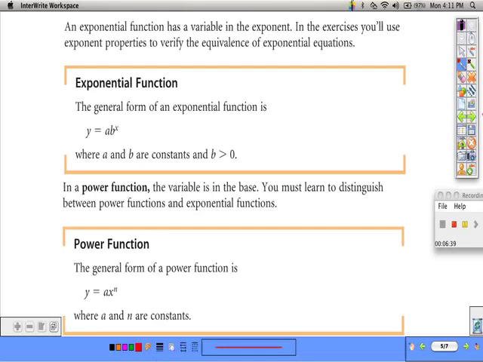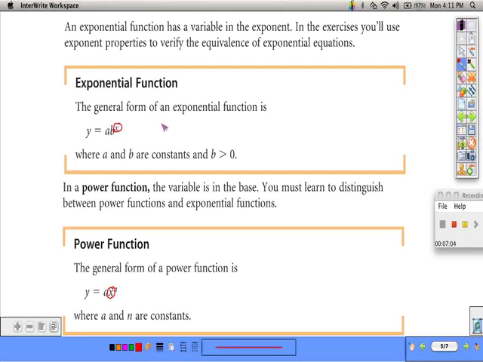So far, we've looked at two types of equations this chapter. Exponential functions, where the variable is in the exponent, and power functions, where the variable is the base. 5.2 was all about the exponential function. It was about how do we solve when the variable's in the exponent.